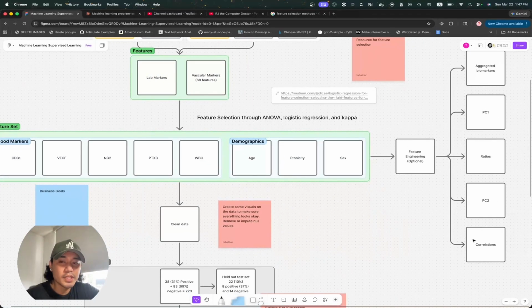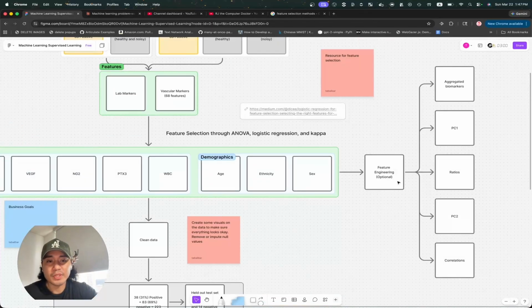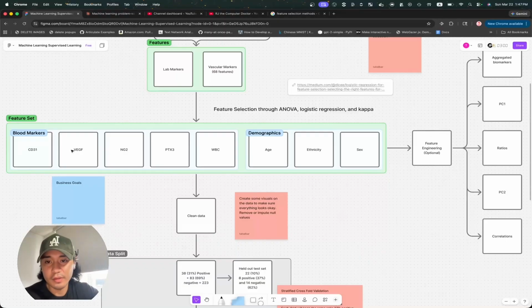You can include correlations between the data using Pearson's correlation. So there's other ways you can increase the number of features that your model is trying to learn from. So keep in mind, feature engineering is probably a more advanced method of trying to increase the number of features that you have. You could probably build a good model based on the features that you already have.